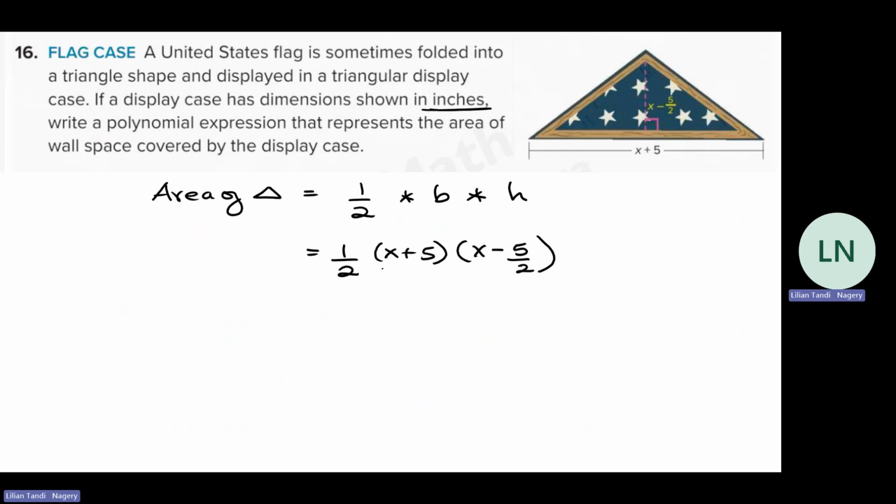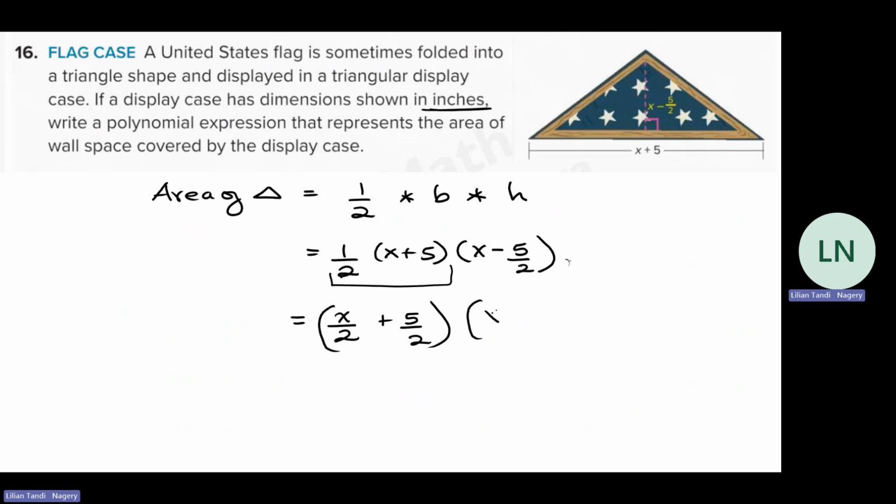So either we multiply this first, and then we'll multiply by a half, or we can multiply by a half first, then the answer we multiply by this. So it doesn't matter. You choose what is easy for you. So to me, this is x over 2 plus 5 over 2. Okay?